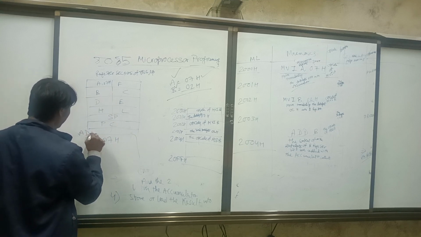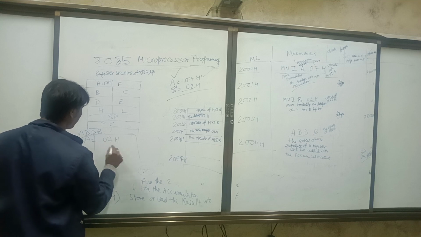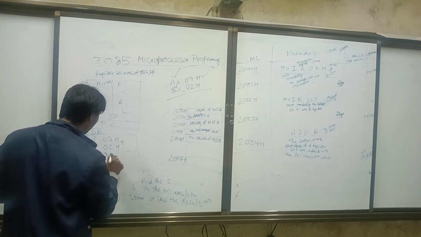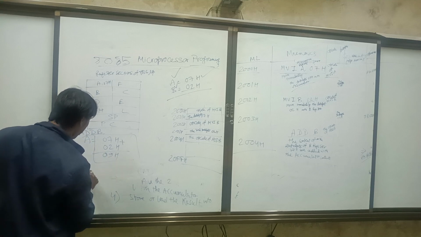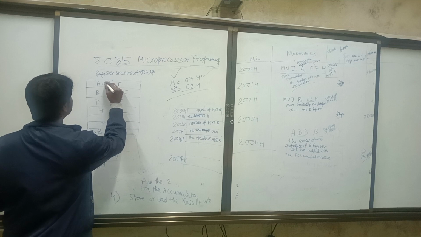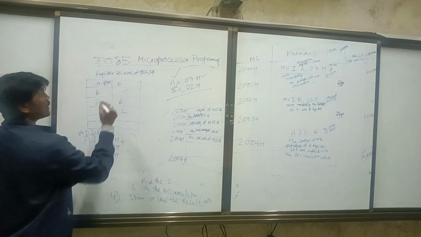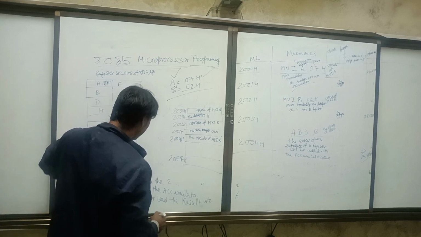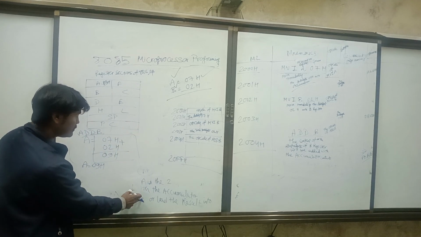After the execution of ADD B, A equals 07H plus 02H, that is 09H. So now A will be updated with 09H. Right? So this is the result we got with the calculator.